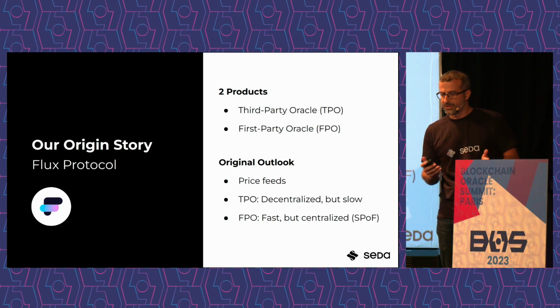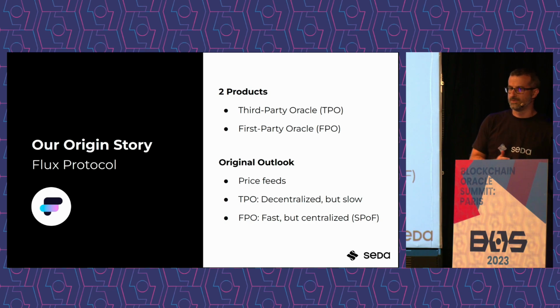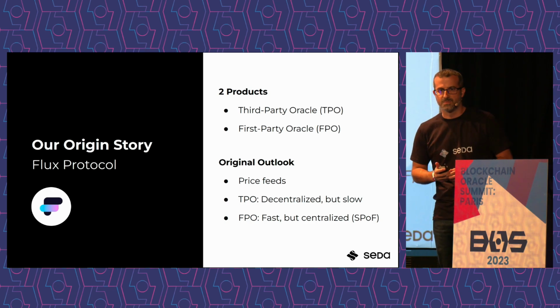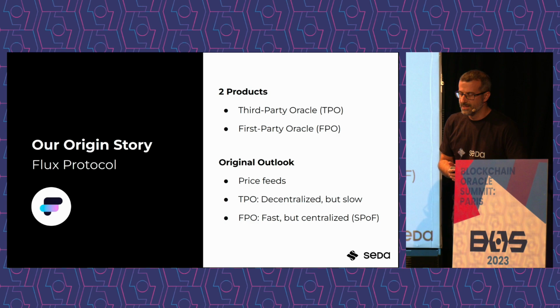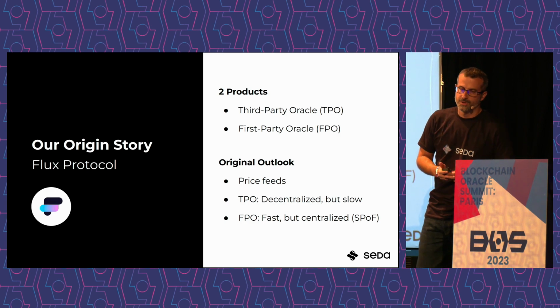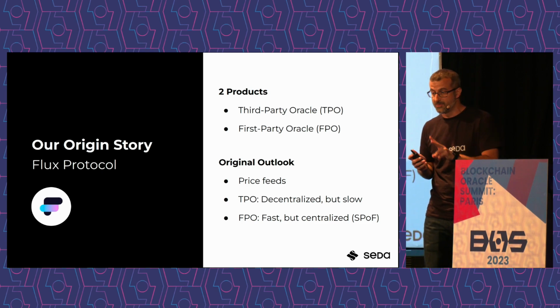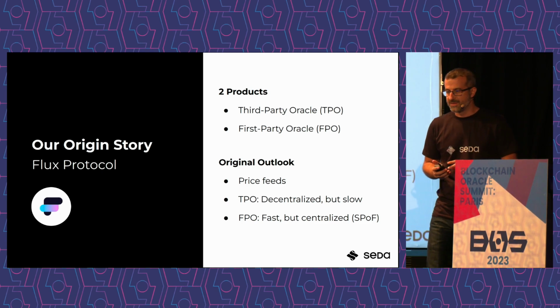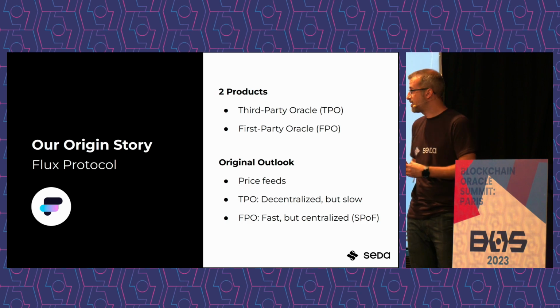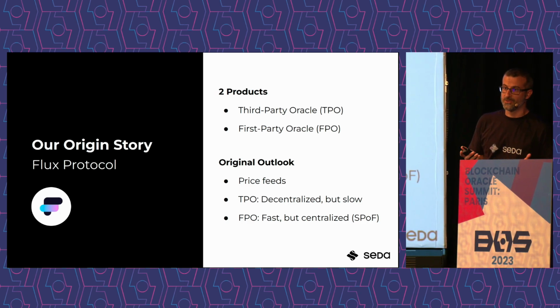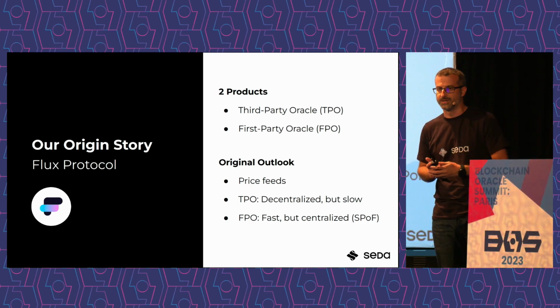So our origin story started with Flags protocol. Before SEDA, we worked at Flags. Maybe it rings a bell to any of you. Basically at Flags, what we built was two products. One was a third-party Oracle first, and then a first-party Oracle. I like to think that those two products are pretty orthogonal in their design considerations.